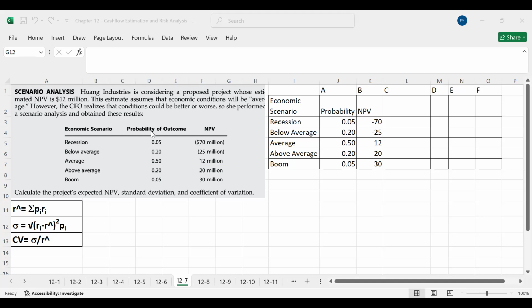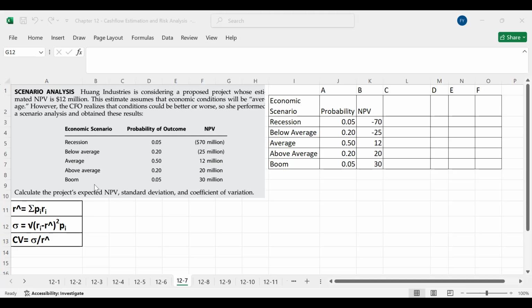And these are the probabilities of outcomes, which are 5%, 25%, 50%, 20%, and 5%. The requirement is to calculate the project's expected NPV.